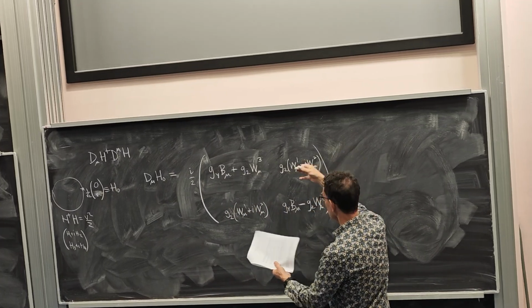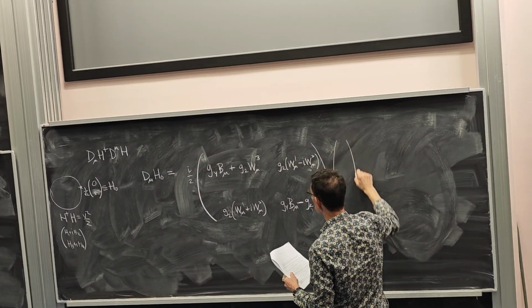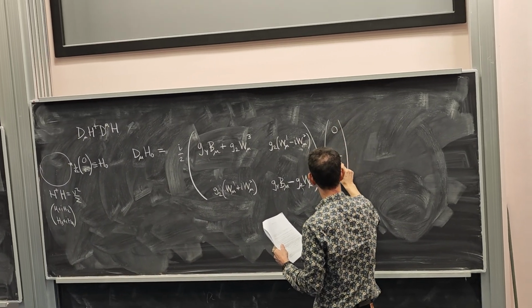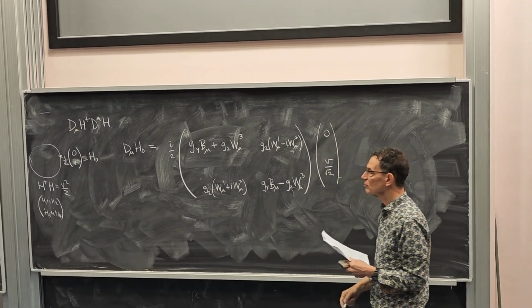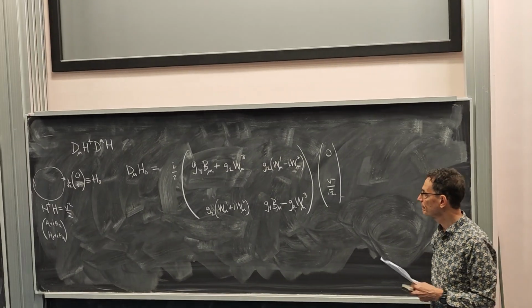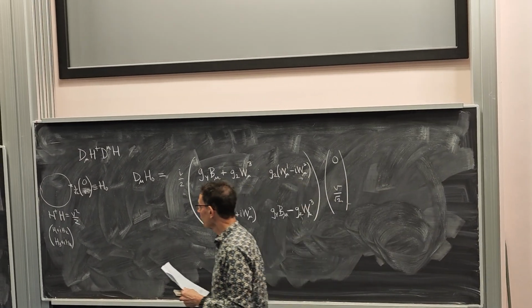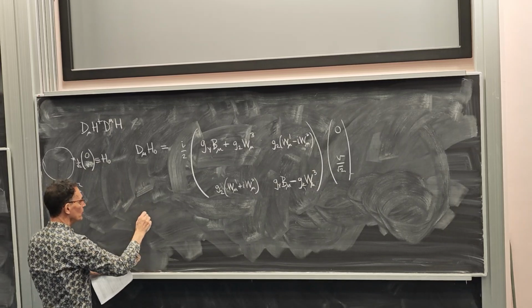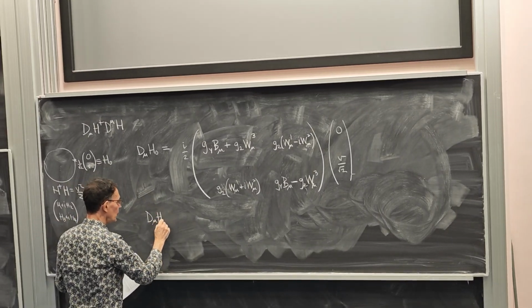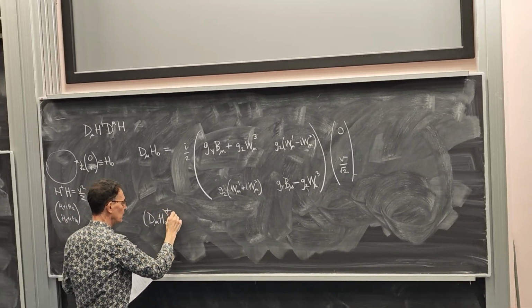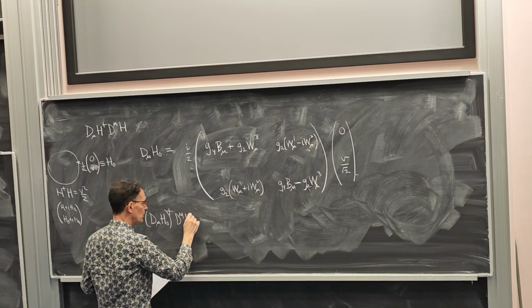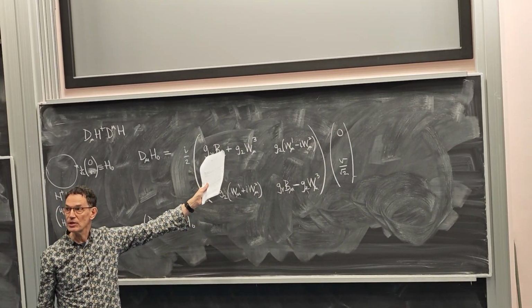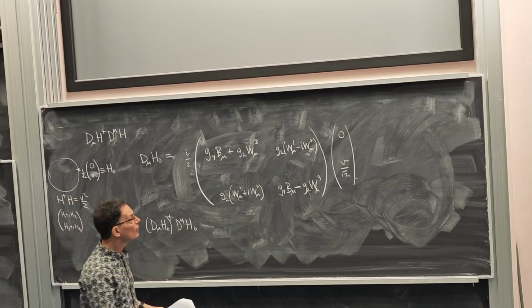Okay, so it's that matrix acting on 0 and V over root 2. And so now all we do is work out d mu H0 dagger d mu H0, and we can read off all the quadratic terms in the vector bosons.